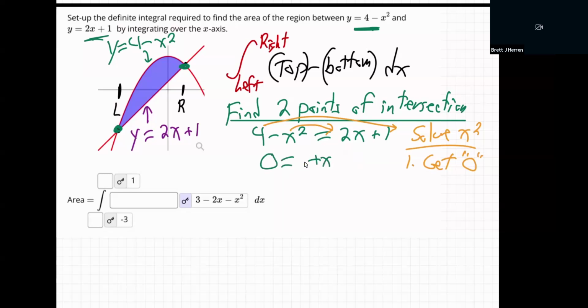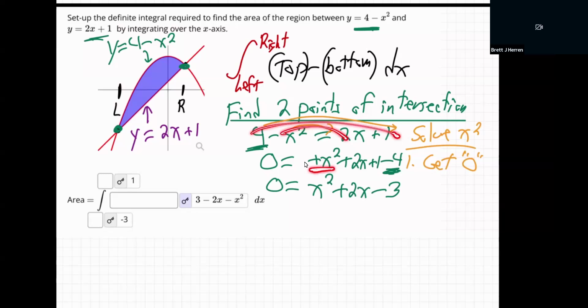This will be positive x squared plus 2x plus 1, and then minus 4, because that positive 4 came over and is now minus 4. So that's 0 equals x squared plus 2x minus 3. I just jumped both these guys to the other side. They change signs. Combine like terms.